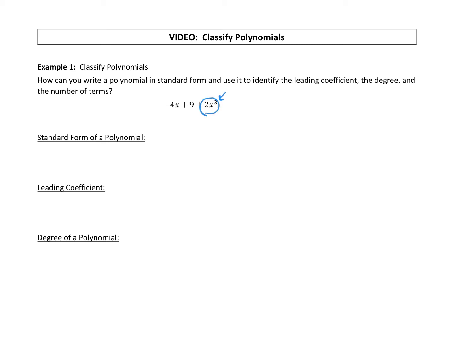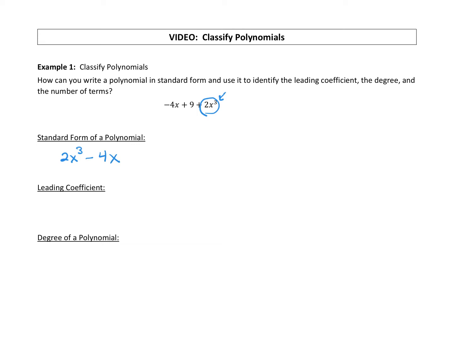It's a positive 2x to the third power, so 2x to the third power. And now we go in descending order of our exponents. I would look for an x squared. Do we have any terms with an x squared? We don't, so I'm going to move on to an x to the first power. Here is a term with an x to the first power, so that's going to go next, minus 4x.